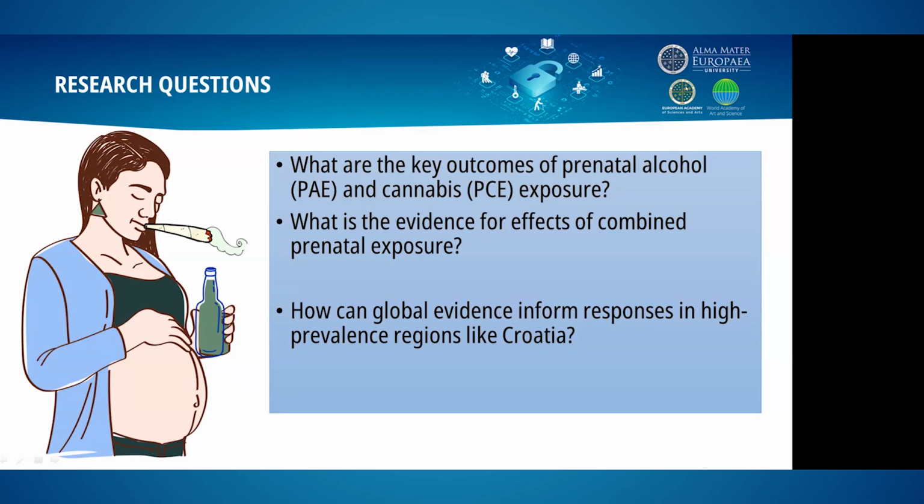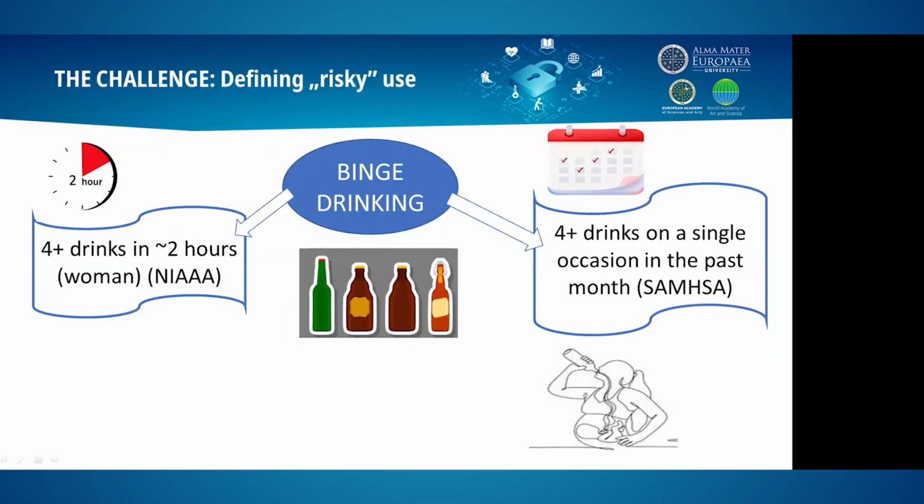Before we dive into the results, I want to talk about the challenge of defining risky use. Defining excessive or at-risk drinking isn't as straightforward as it seems. One agency defines binge drinking by blood alcohol concentration, 4 drinks in 2 hours for a woman. And the other one defines it by pattern, 4 drinks on any single occasion in the past month.